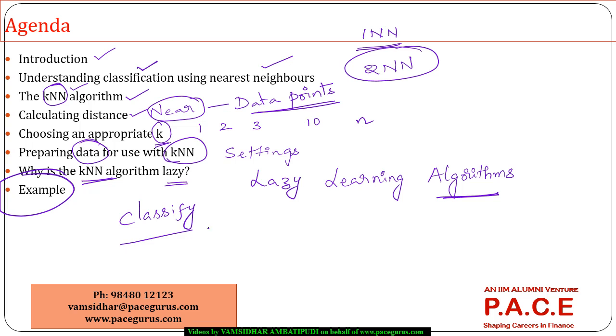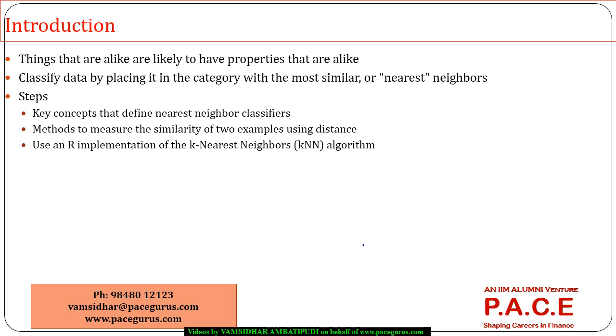We will try to come up with a classification model and use that classification model for computing the predicted class for a completely different set of data. So that is our overall objective of this session. We would be using R extensively here. We would be using the KNN algorithm to do this entire classification process.